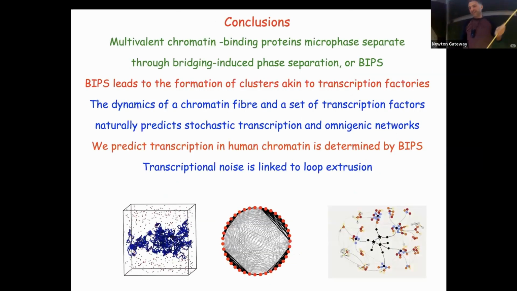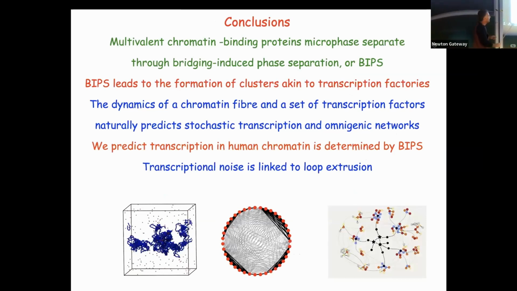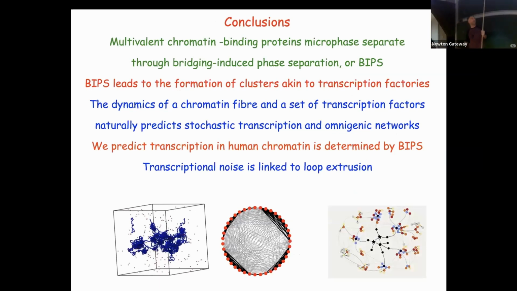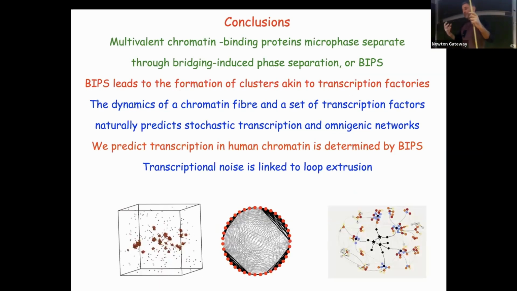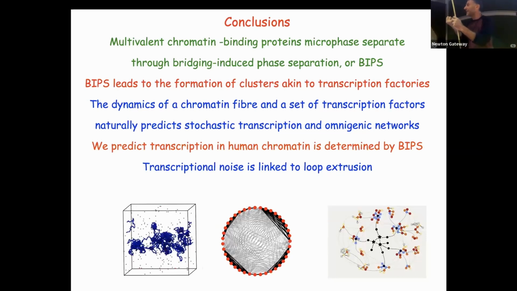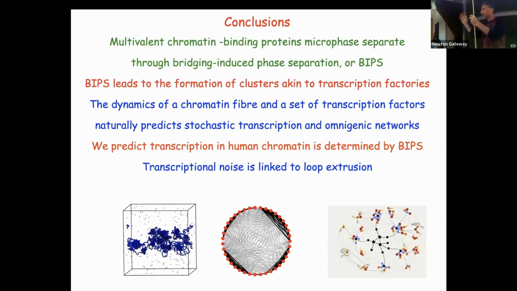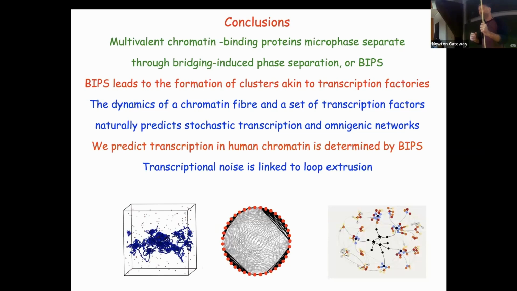So I'll just briefly conclude. I told you that multivalent chromatin binding leads to microphase separation in these clusters, which are key in transcription factories. They are very much linked to the transcription activity. So if a promoter is in a region which tends to form clusters, it will likely be highly transcribed.